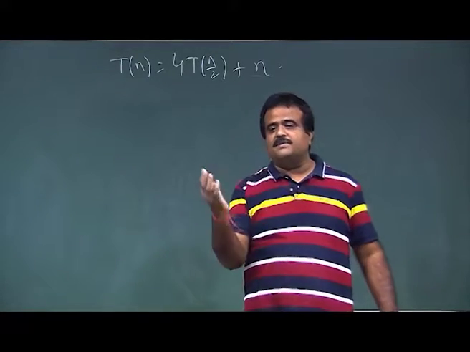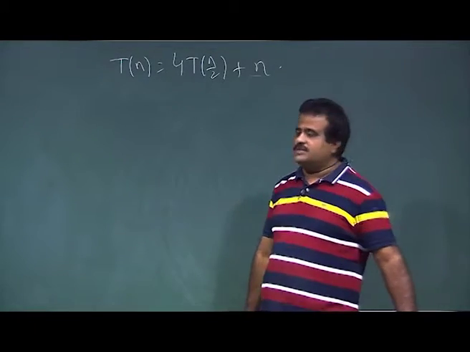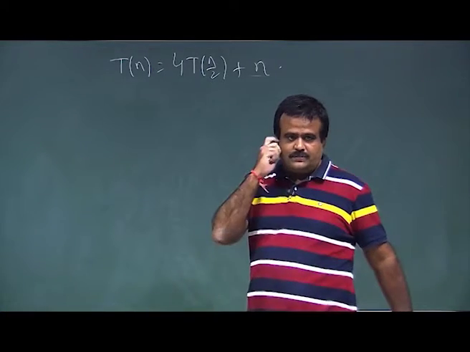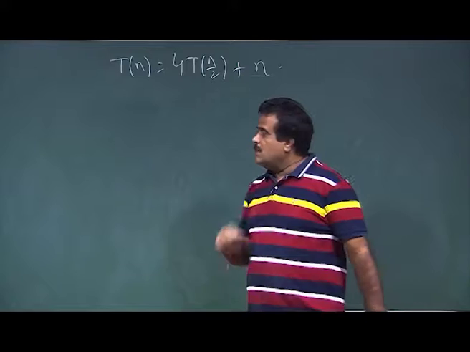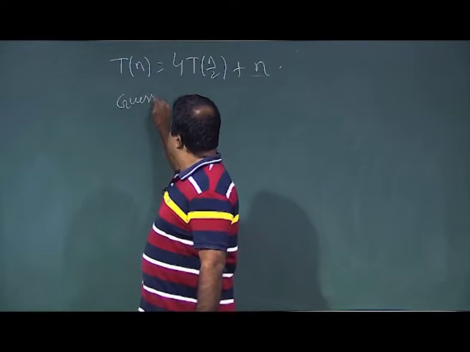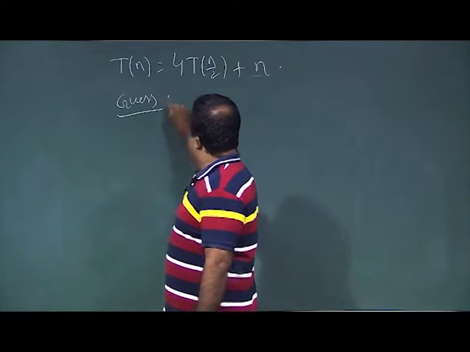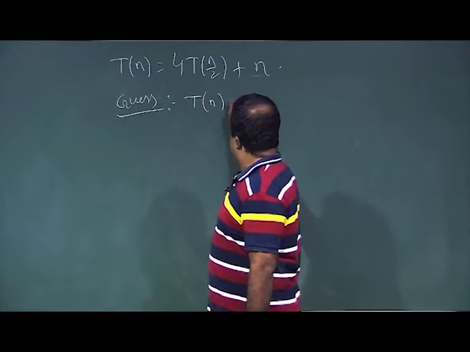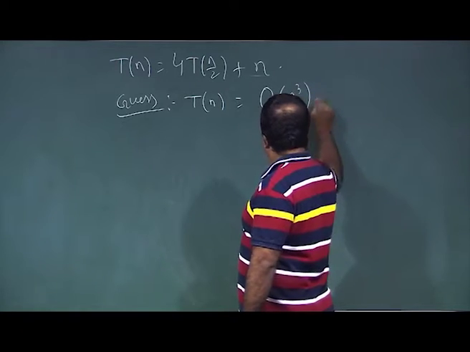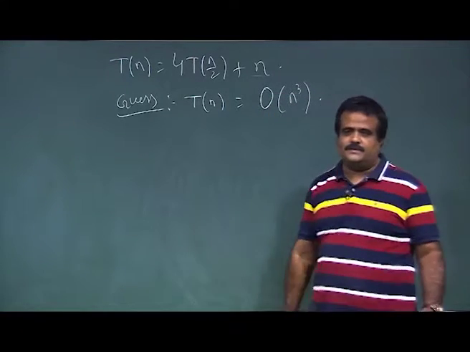Suppose this is our given recurrence, and we need to solve this recurrence by the substitution method. Okay, so step 1, guessing step. Suppose we are guessing the solution is big O of n cube.